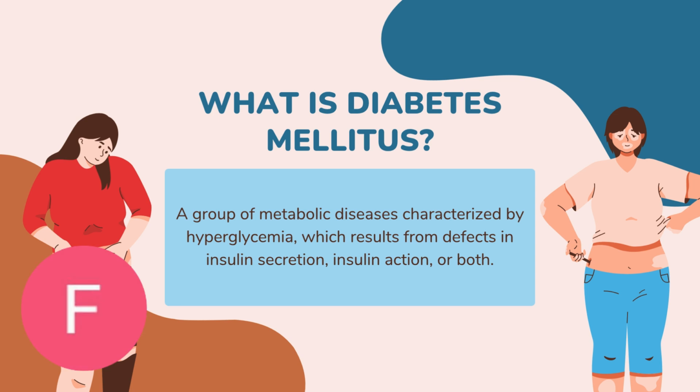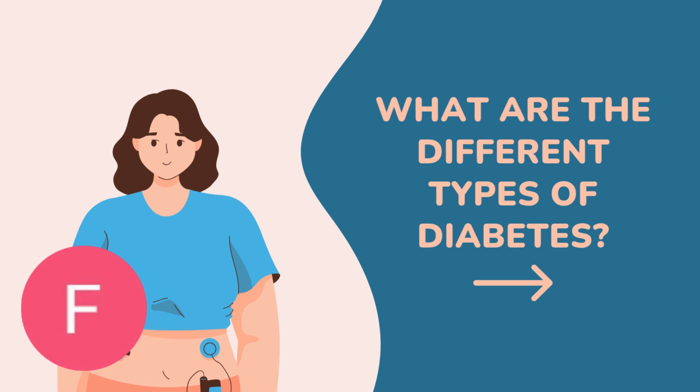Once we have understood the aforementioned process, we can understand what diabetes mellitus is. It is a group of metabolic diseases characterized by hyperglycemia, which results from defects in insulin secretion, insulin action, or both. Now, if it is a group of diseases, what are the different types of diabetes?